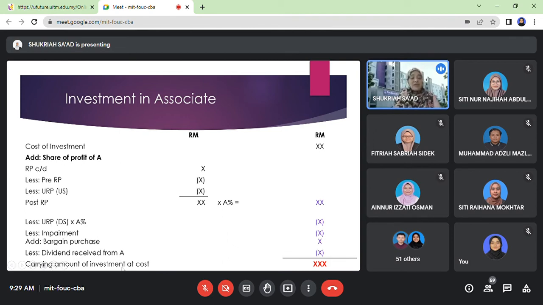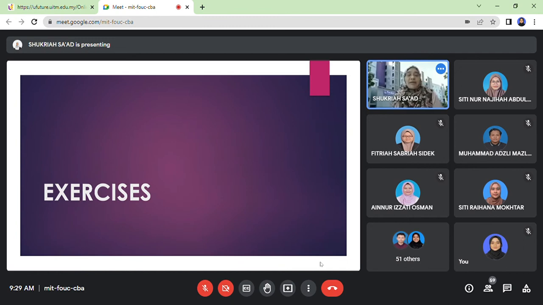So we are able to get the carrying amount of investment at cost. This is the figure highlighted in red color, the only item that should appear in the financial position, which we call investment in associate. All right, clear class? Are you clear?